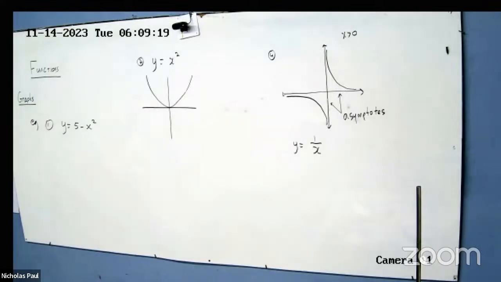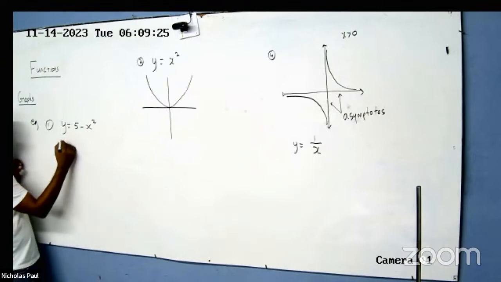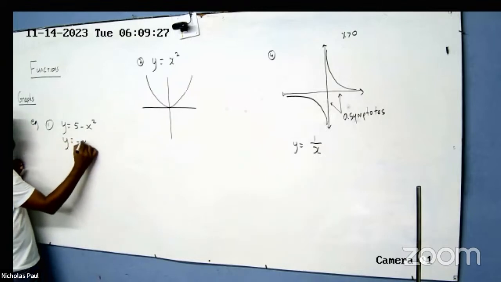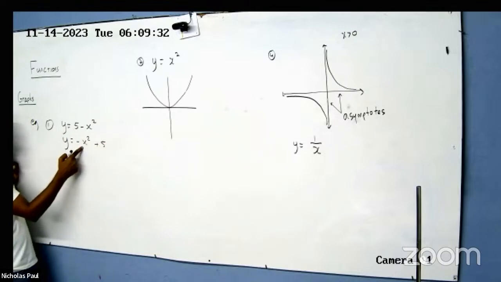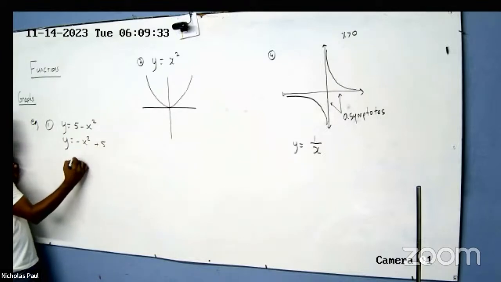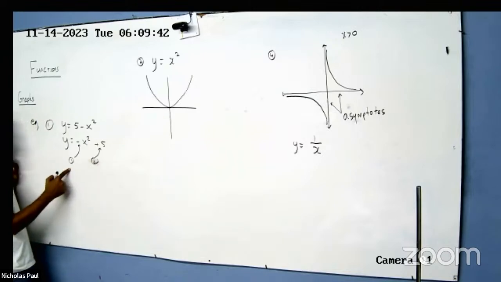If you look there, of course, you identify that the main function is this. So what are the transformations? I'm just going to write it like this before I apply the transformation. If I write it like this, I see firstly that I have a minus in front here. That's the first transformation. Then they add 5 on the end. So this first transformation says what?